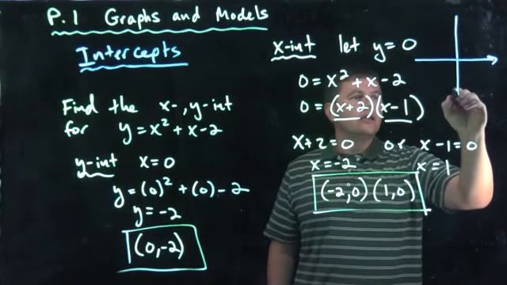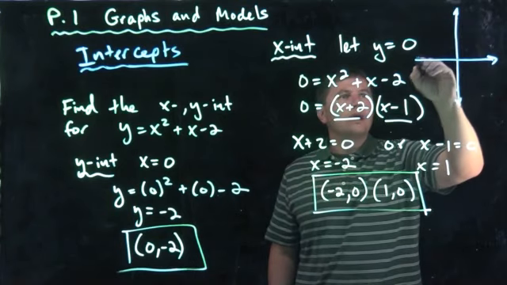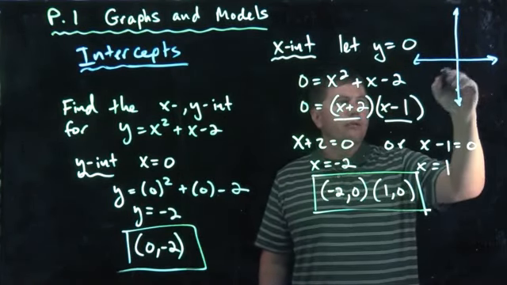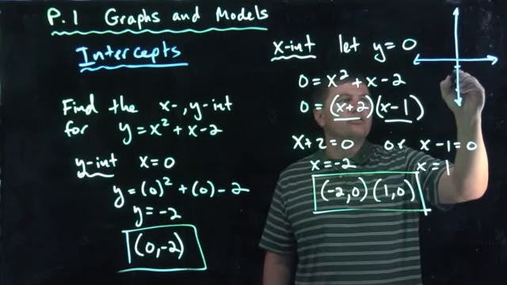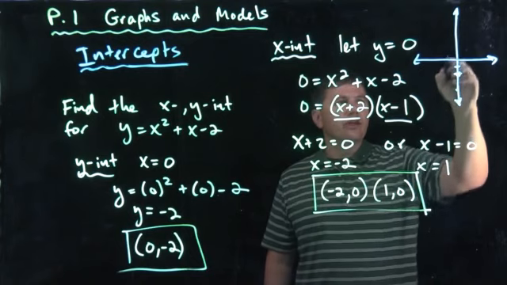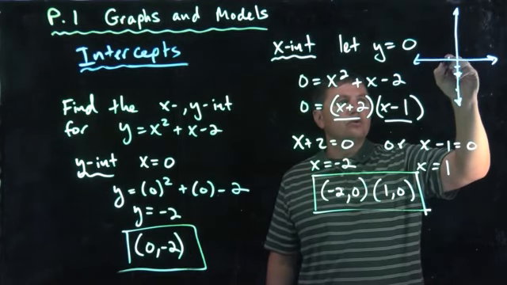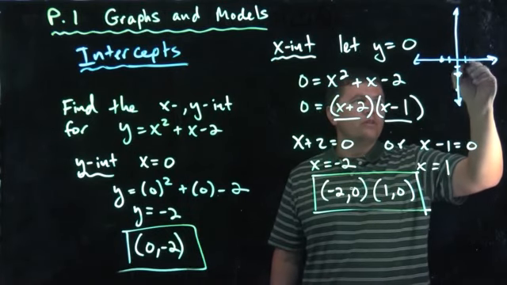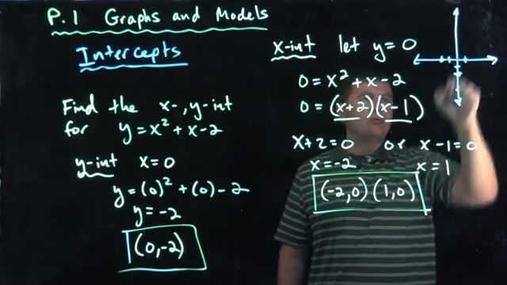Without getting into a lot of details here, I'm not even going to bother finding the vertex for this right now. So I have the y-intercept is 0, negative 2, and I have the x-intercepts, negative 2, 0 and 1, 0. Now we can see the parabola opens up.